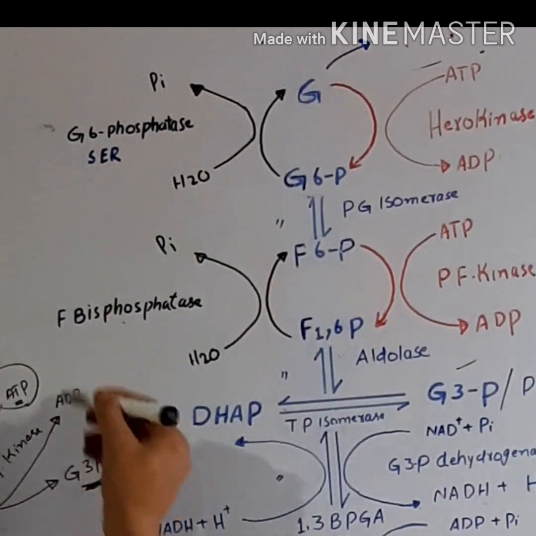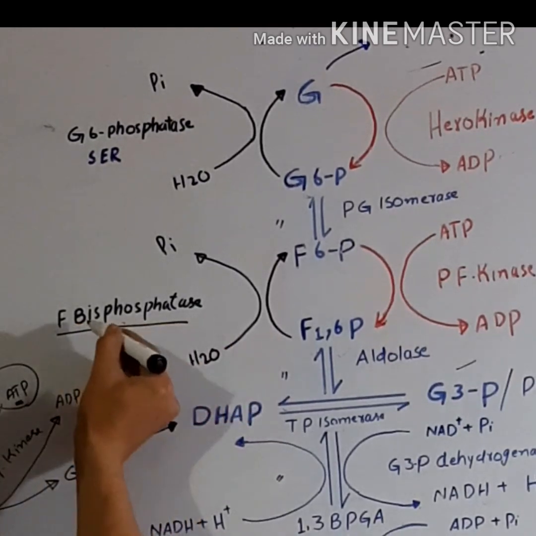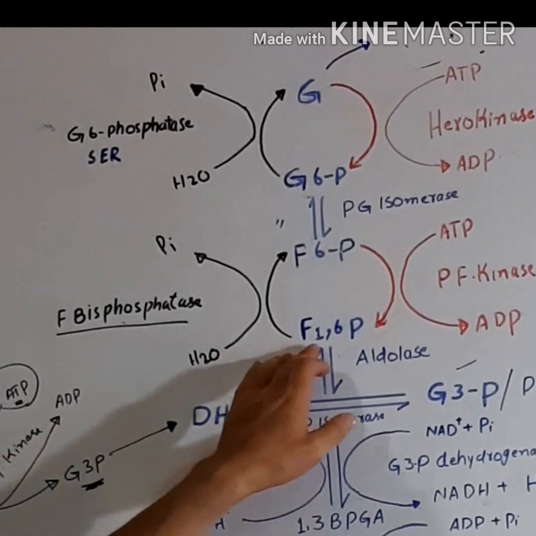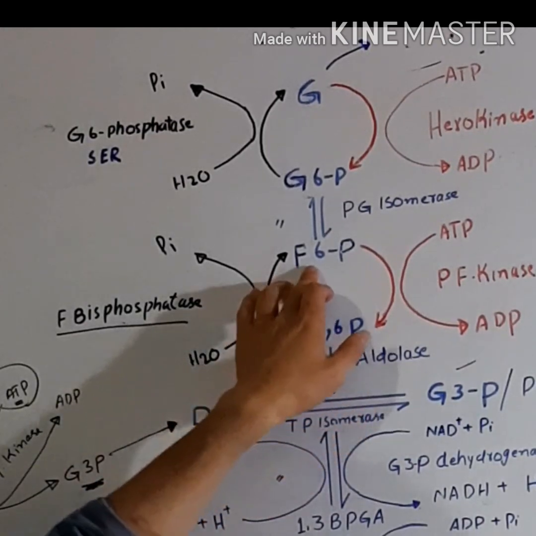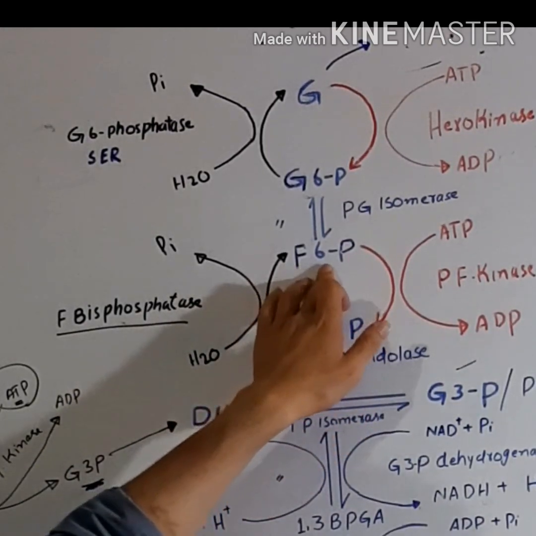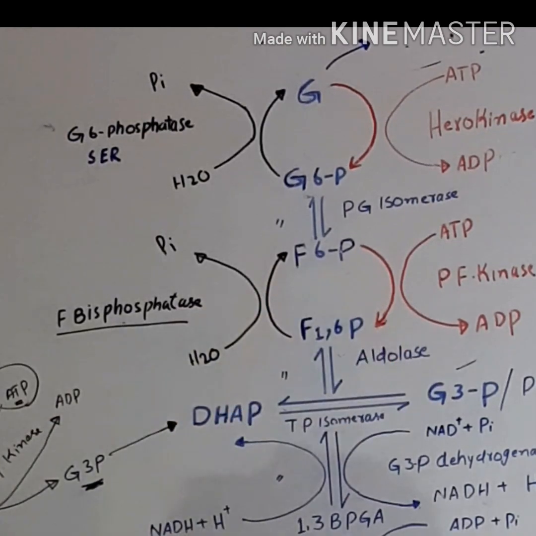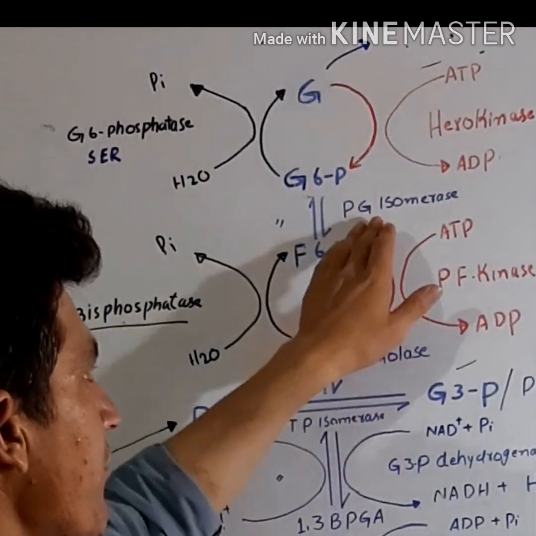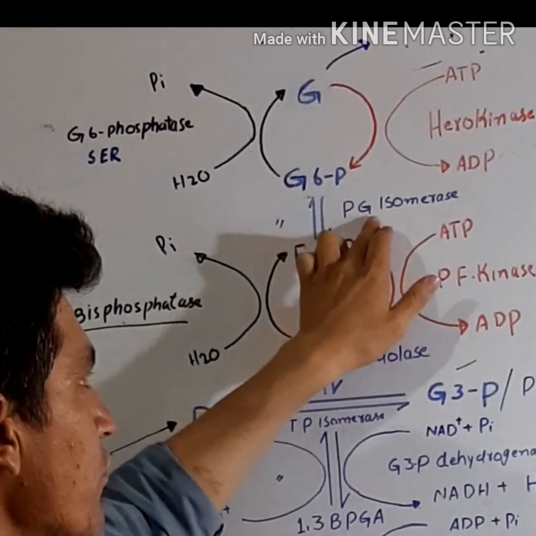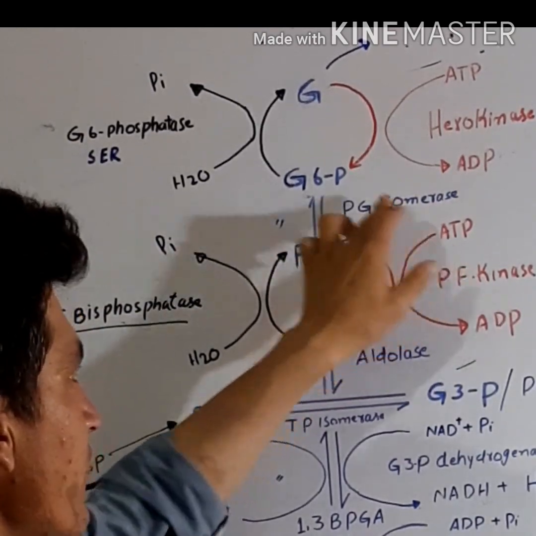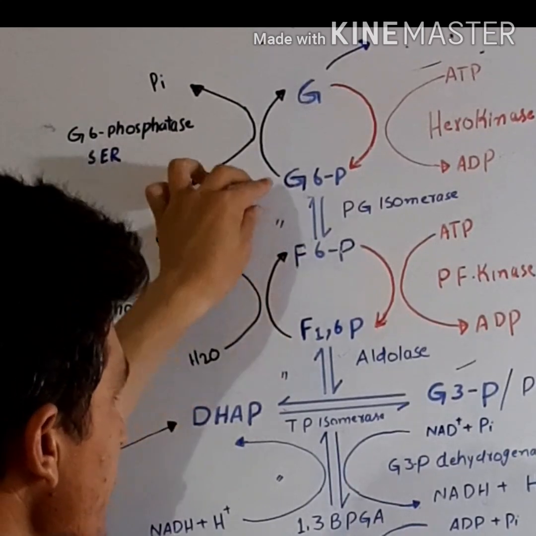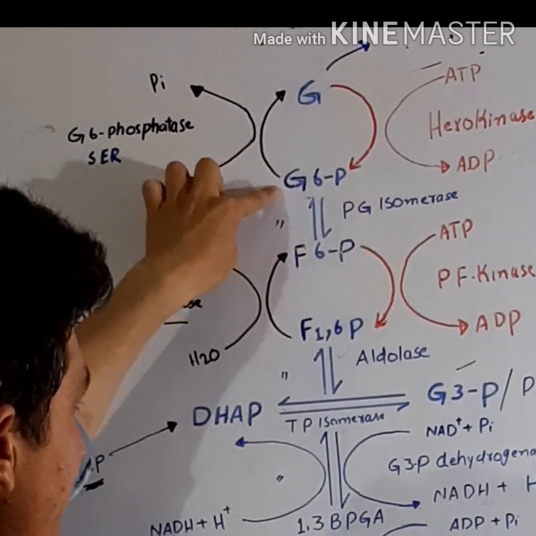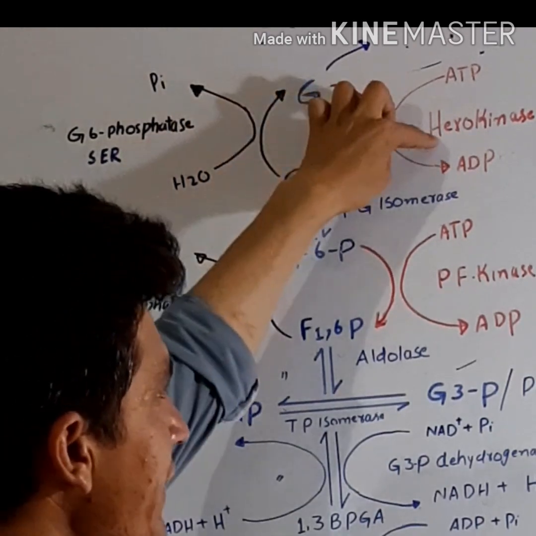So here a different enzyme, fructose bisphosphatase, is used to convert fructose 1,6-bisphosphate into fructose 6-phosphate, and then the enzyme phosphoglucoisomerase converts fructose 6-phosphate into glucose 6-phosphate, and glucose 6-phosphate cannot be converted into glucose by hexokinase.